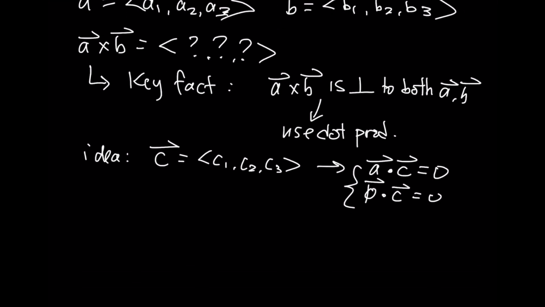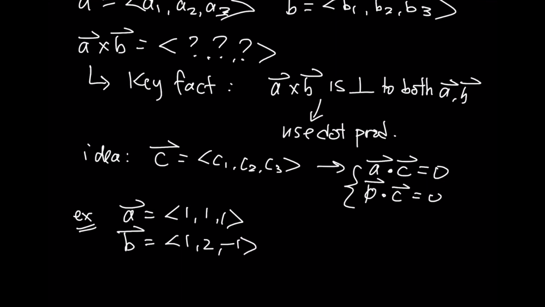Now, just to illustrate this, let's say I give you a vector (1, 1, 1), and I give you a vector (1, 2, -1). If I were to go A dotted with C, I'd have C1 plus C2 plus C3, and I would like that to be 0.